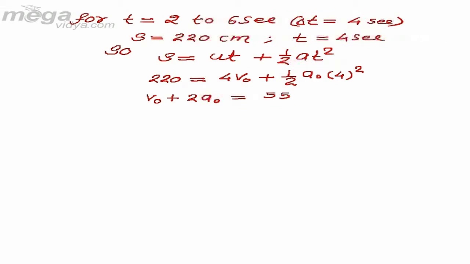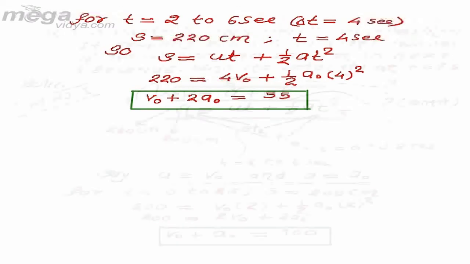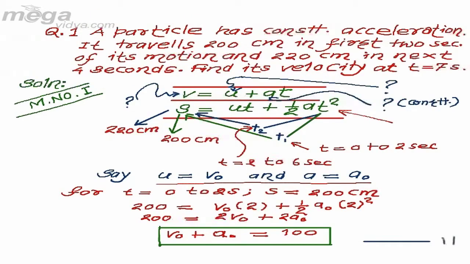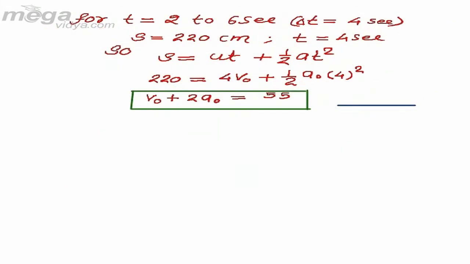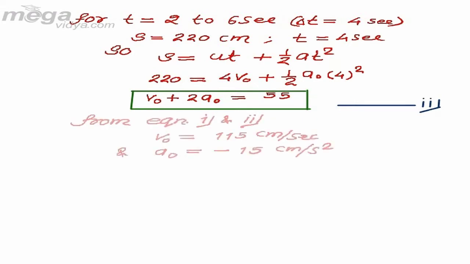By solving these two equations, equation number 1 and equation number 2, we get v naught equal to 115 centimeters per second and acceleration a naught to be minus 15 centimeters per second square.